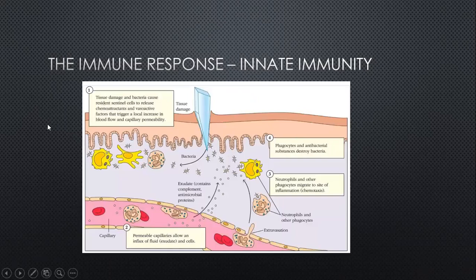And the bacteria cause resident sentinel cells, for example, dendritic cells, to release chemoattractants, chemotaxis, right? And vasoactive factors that trigger a local increase in blood flow and capillary permeability.